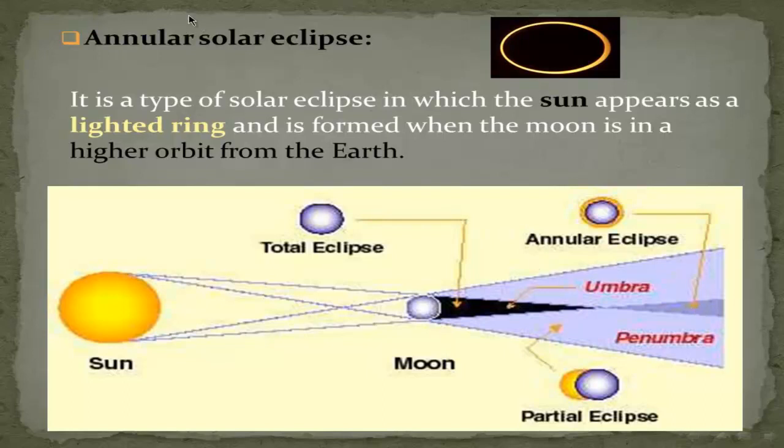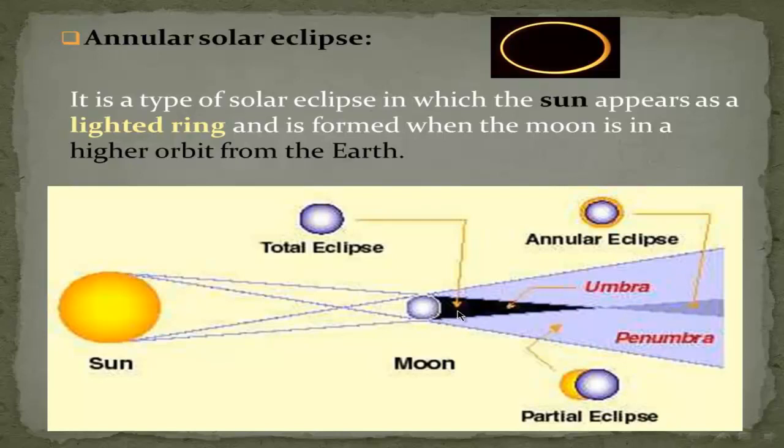So, the third type of solar eclipse is called annular solar eclipse, a type of solar eclipse when the sun appears as a lighted ring and the moon is in a very high orbit, very far from Earth, so it can't cast its shadow on Earth, and it happens in the antumbra shadow.